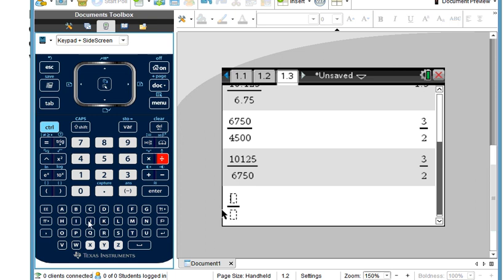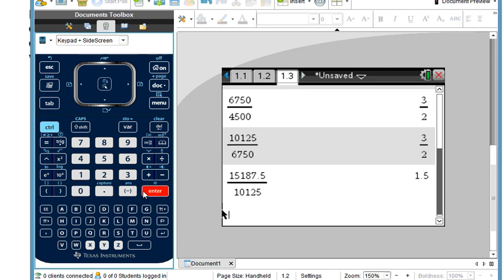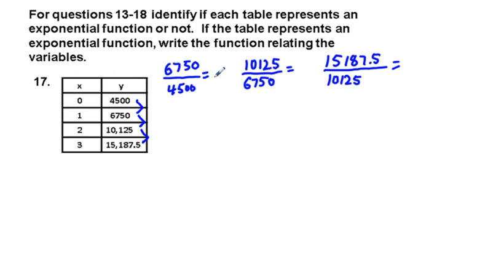I'm going to take the last one, 15,187.5, and divide that by 10,125. And we get 1.5, which is the same thing, equivalent. So we'll just say 1.5.